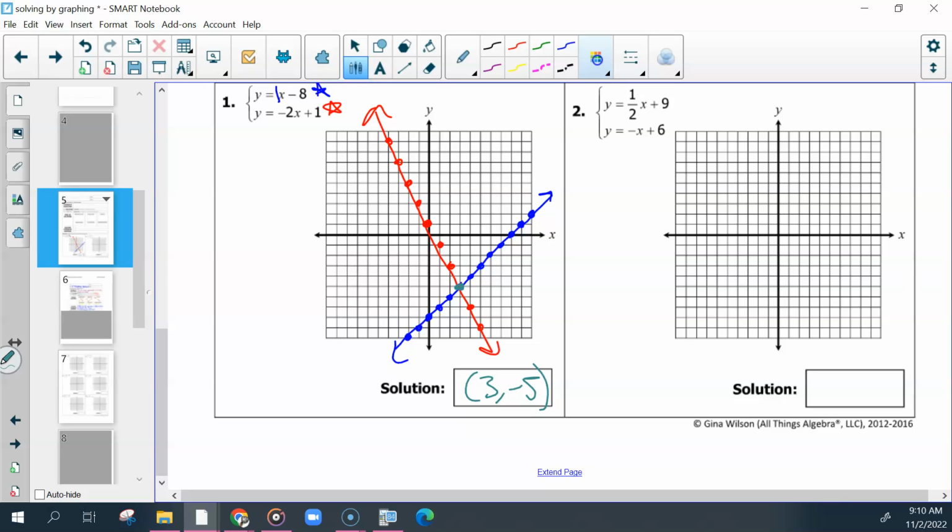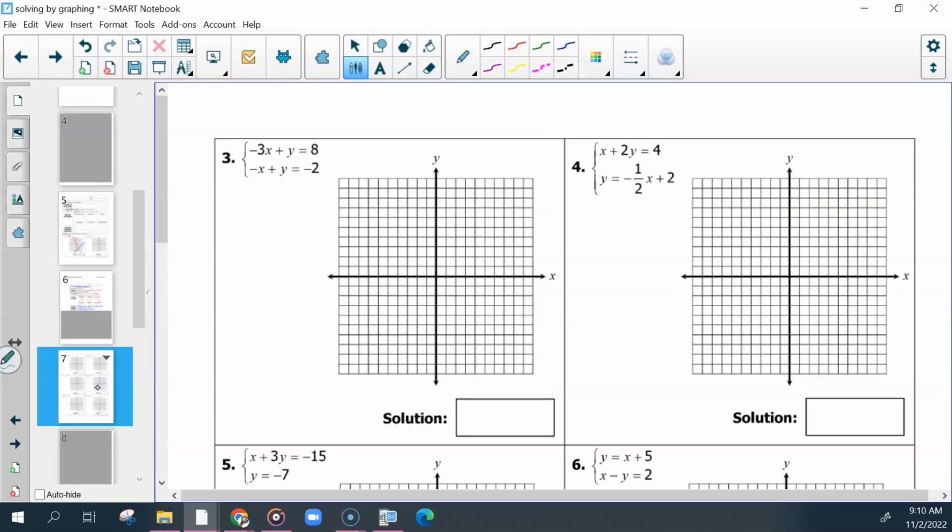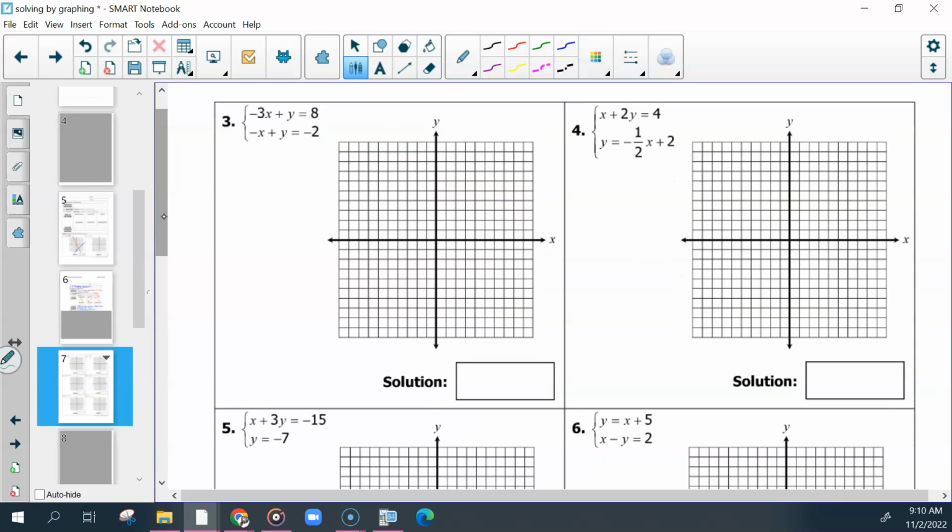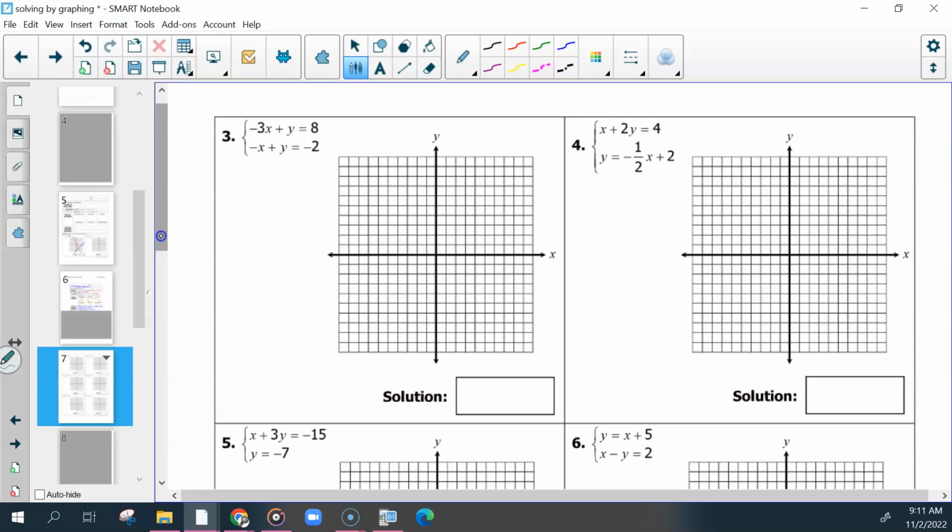Let's do one on the back. Let's do 4. So for 4, we do need to get these in slope-intercept form.